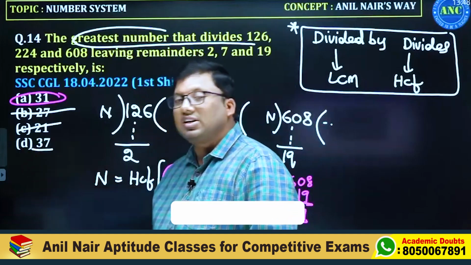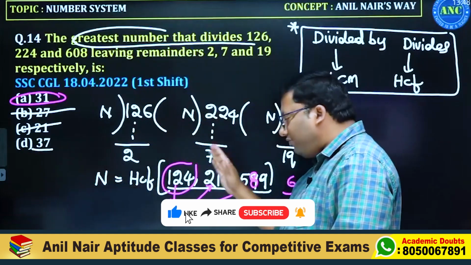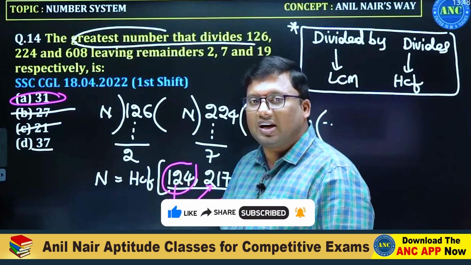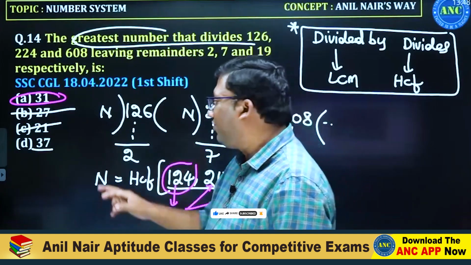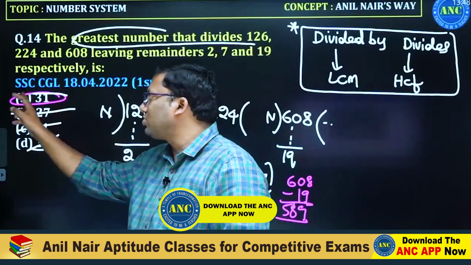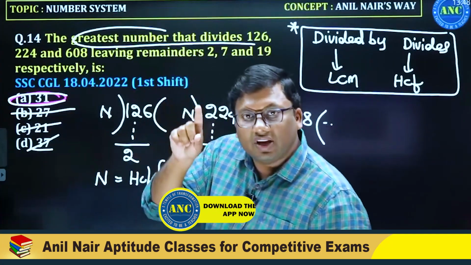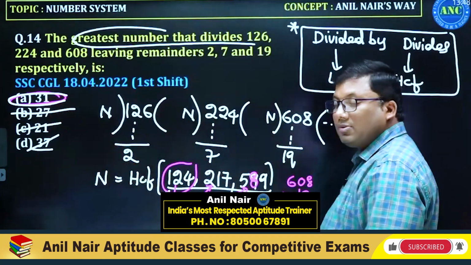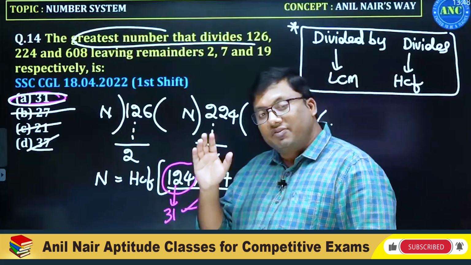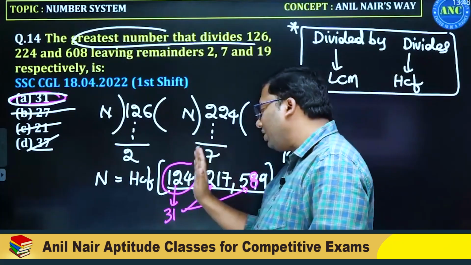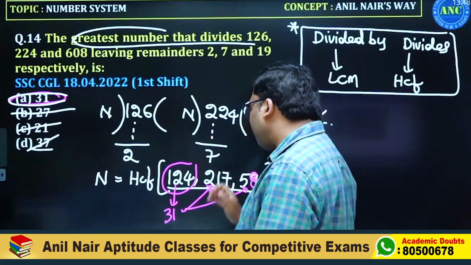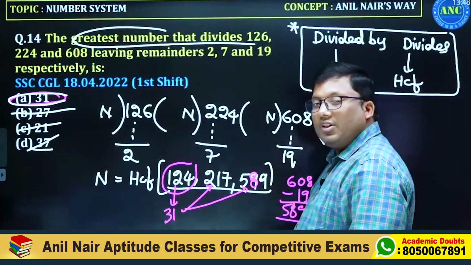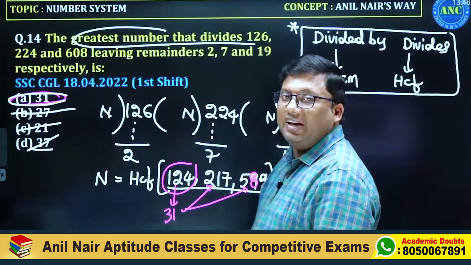If the answer is divisible by 37, every number should be divisible by 37: 37 3s are 111, 37 4s are 148. If the answer is divisible by 31, every number should be divisible by 31. Yes, 31 4s are 124, 31 7s are 217, 31 19s are 589.